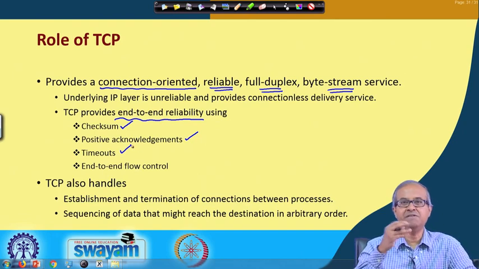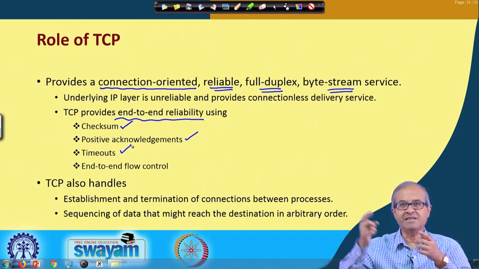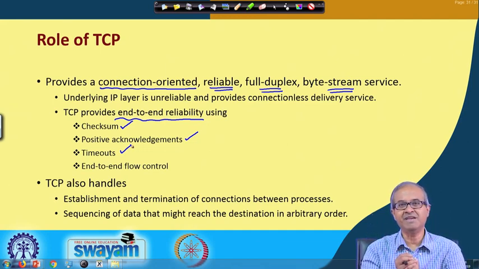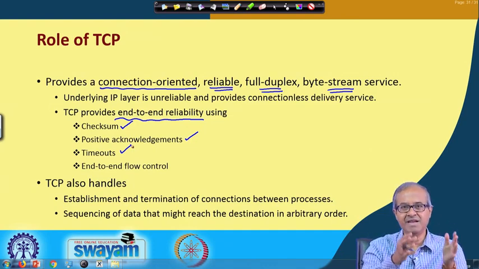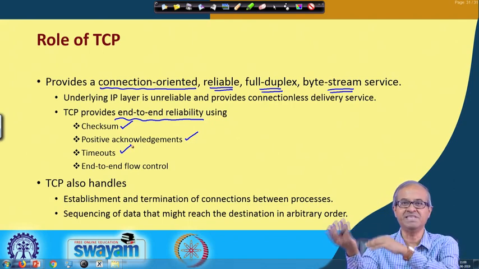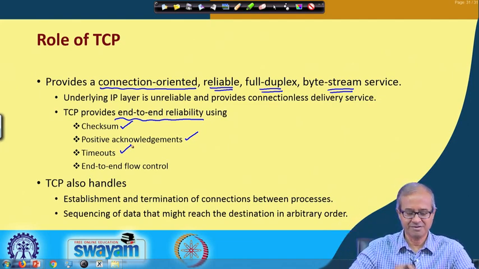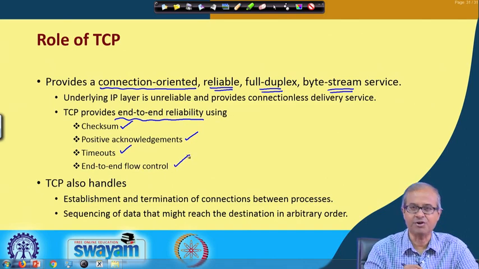Timeouts. If the sender sees that the acknowledgement is not coming from the receiver within some defined interval, a timeout mechanism will be enforced and the entire message or segment will be resent. It will assume that there was some network error, maybe the data did not reach the other end, so let me send it again. And end to end flow control.